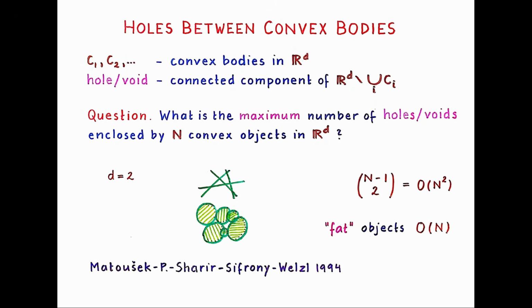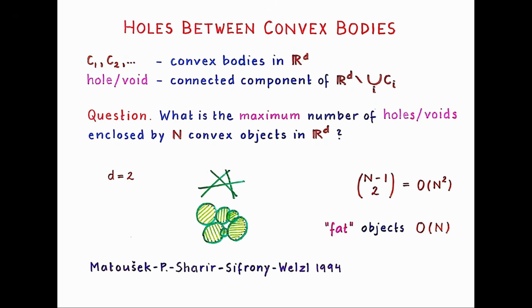And you'd like to know how many holes they can surround. What does it mean that they surround a hole? Well, you take those convex bodies, you delete them from the space, and then the space will, in many cases, become disconnected. And your question is, what is the maximum number of connected components that you can have?